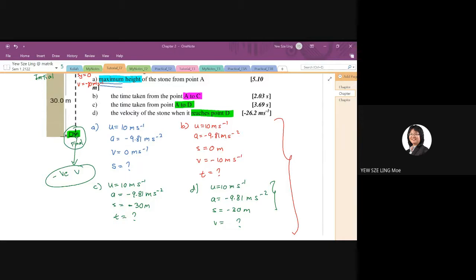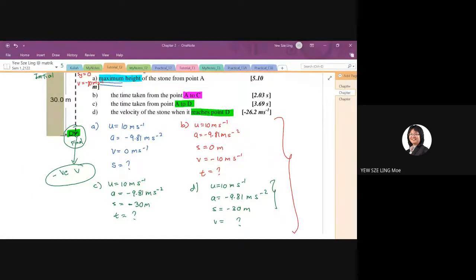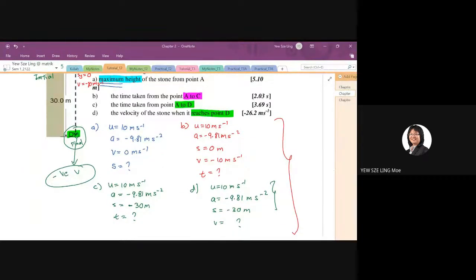Okay, any questions regarding the vertical motions? Or do you need more time to solve this question? Done, madam.